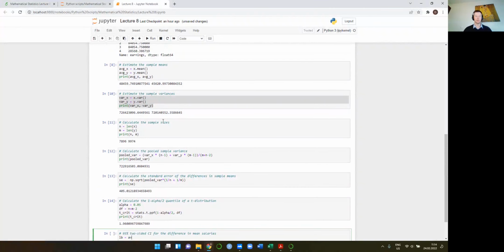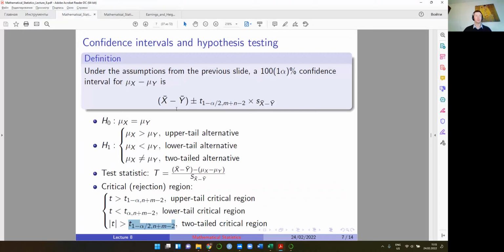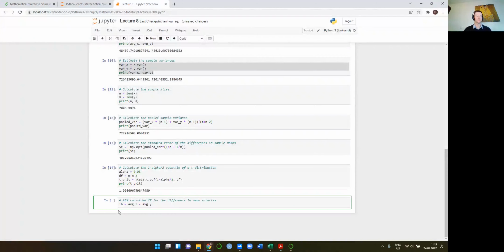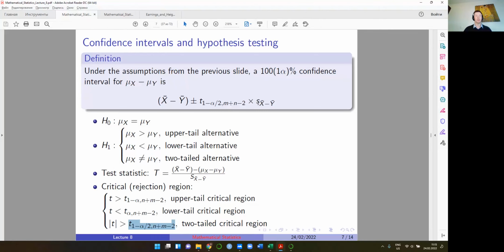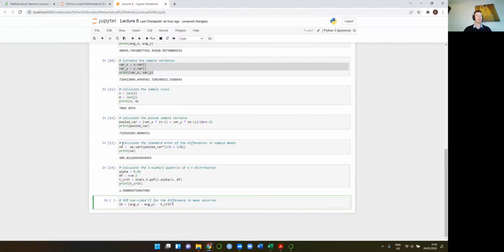So average x minus average y here, then minus, or we can take this in brackets, so minus T critical multiplied by the standard error. We know that the standard error is here, it's SE. So the upper bound is exactly the same. I can copy this part, but with plus. Okay. Now let's print lower bound, upper bound.